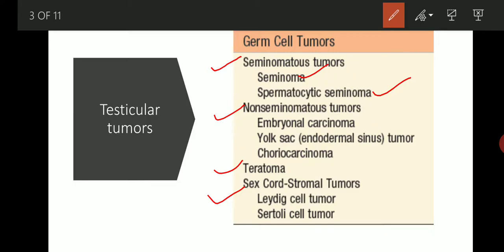Non-seminomas are classified into embryonal carcinoma, yolk sac tumor, and choriocarcinoma. The sex cord stromal tumors include the Leydig cell tumors and the Sertoli cell tumors. Let us discuss each of these tumors one by one.